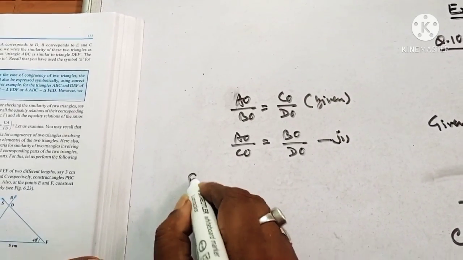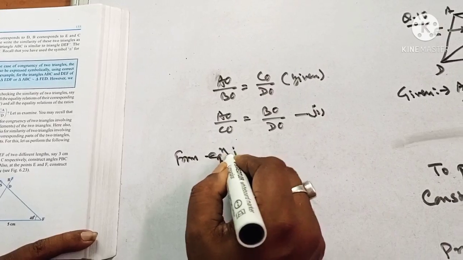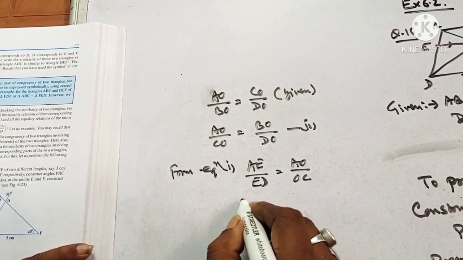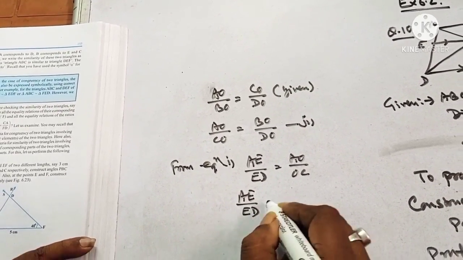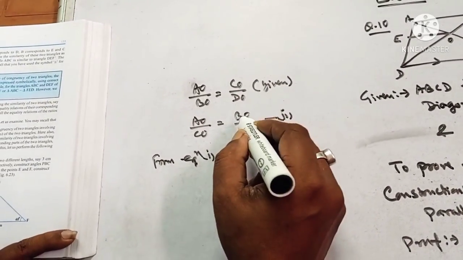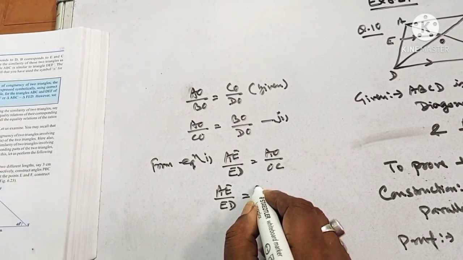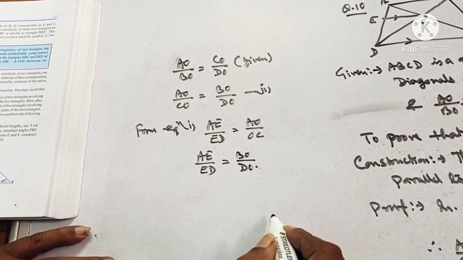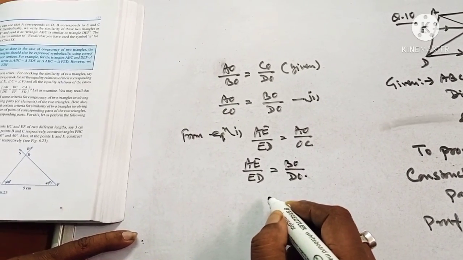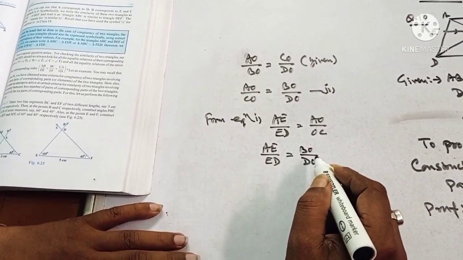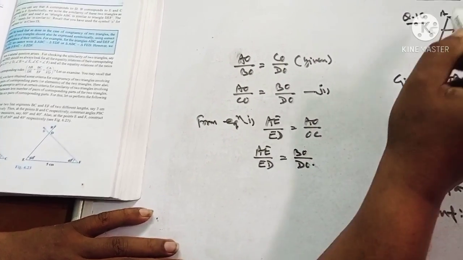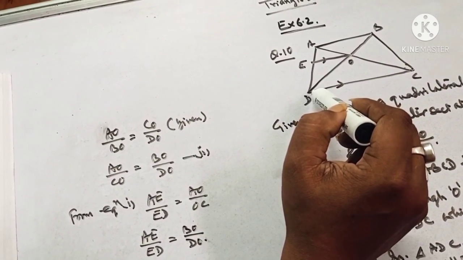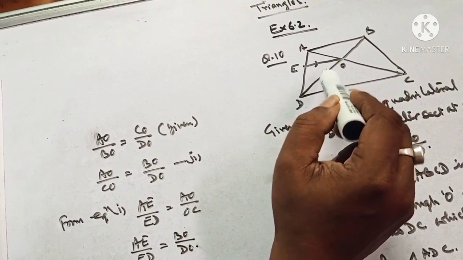So from equation 1, AE by ED is equal to AO by OC, and instead of AO by OC I can write BO by DO.